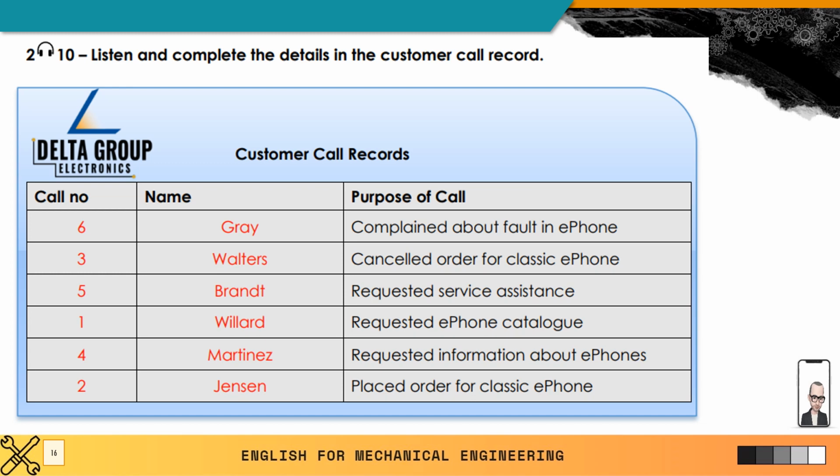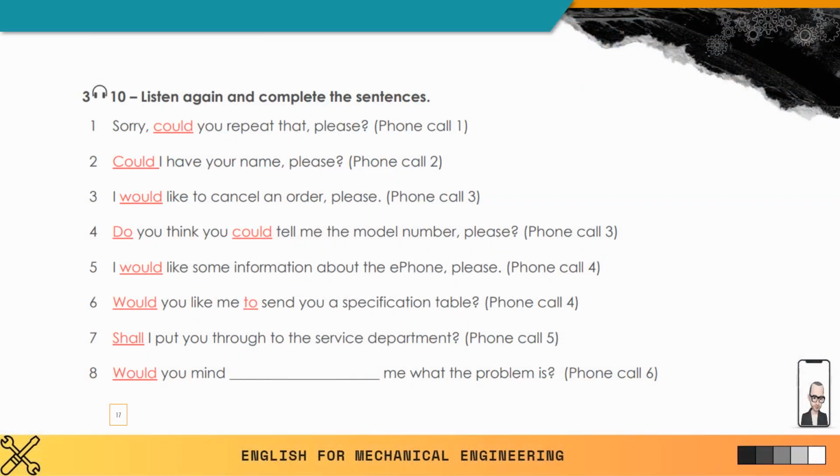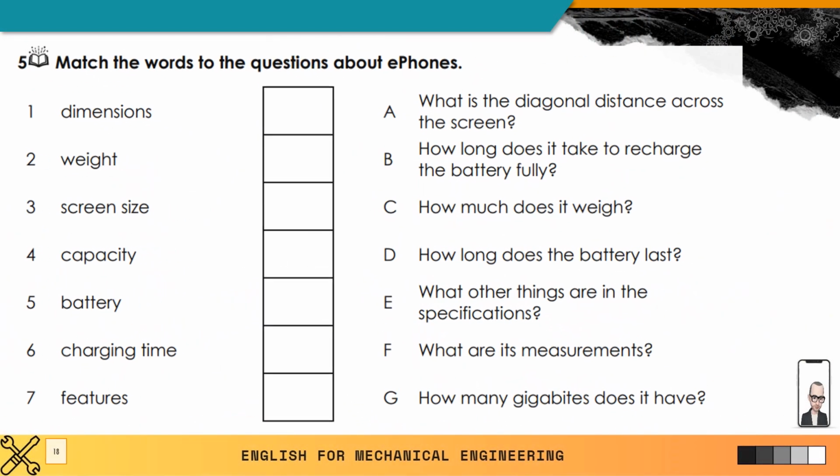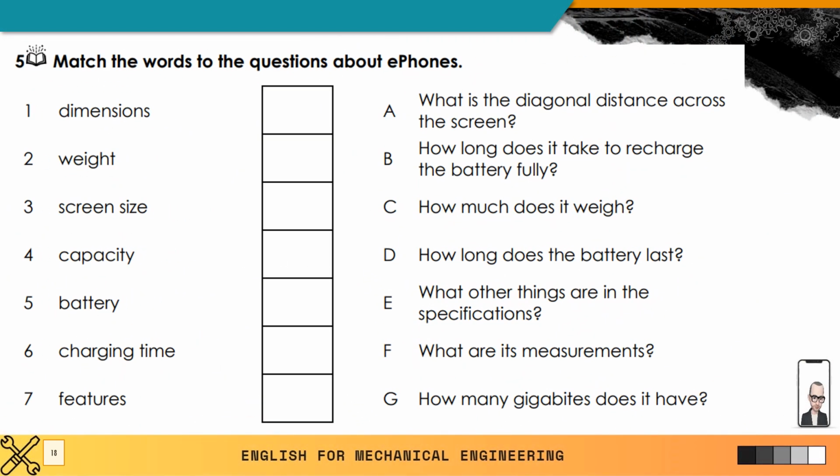So once again, as always, we are not going to spend much time on it since I won't be able to play the audio right here. So these were two tasks that we had to complete. Okay, instead, let's take a look at some words here related to phones. So here we have dimensions, weight, screen size, capacity, battery, charging time, and features.